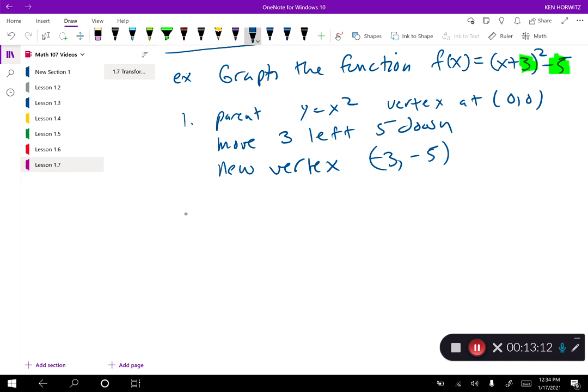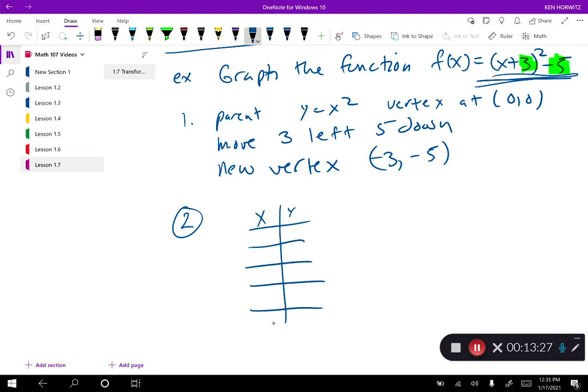So what I probably would do would be to say, okay, now I want to make an XY table because I can move through an XY table pretty quickly with a function like that. But what I'm going to do is, I already know one of my points. I'm going to put that point in the middle.